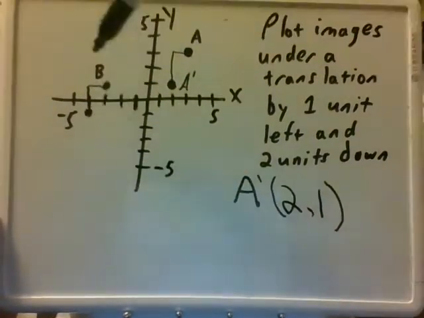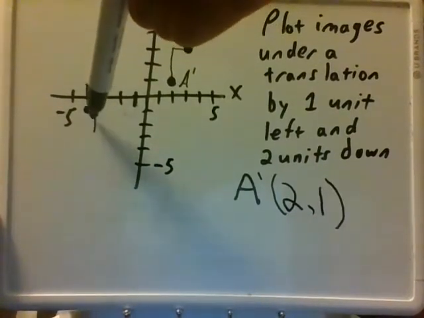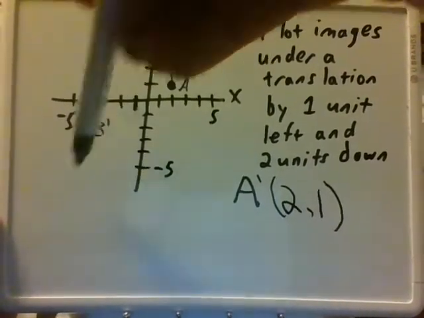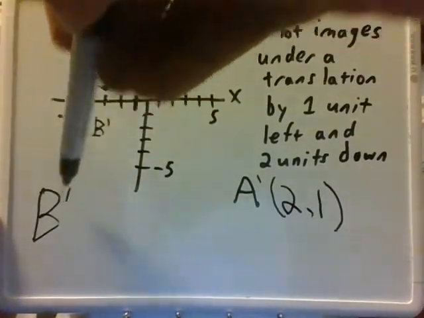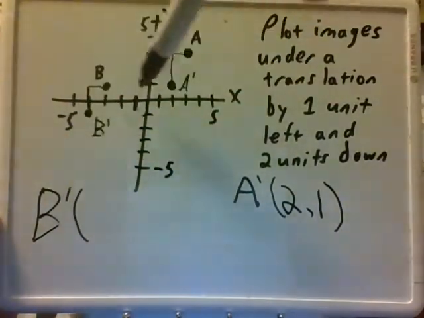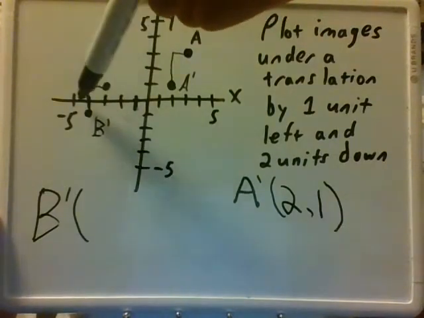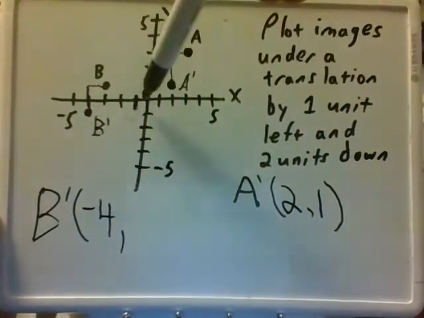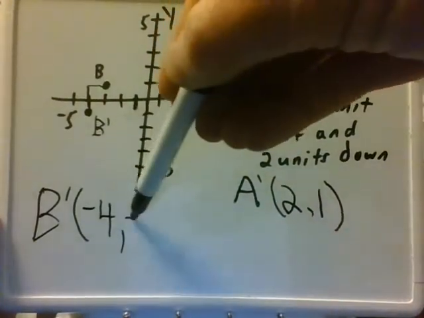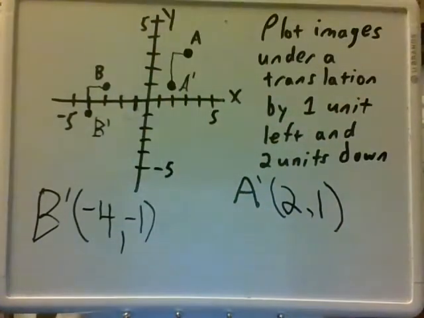So this is -1. So B prime is the new one there. The coordinates for B prime: 1, 2, 3, 4 to the left, -4, down 1, -1. So those are the points.